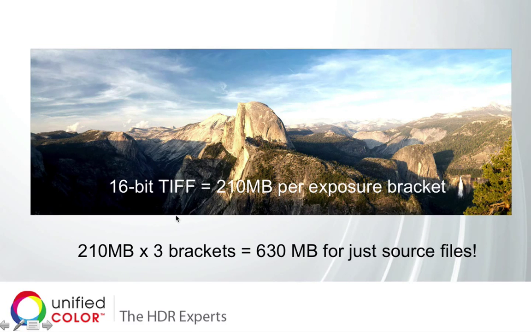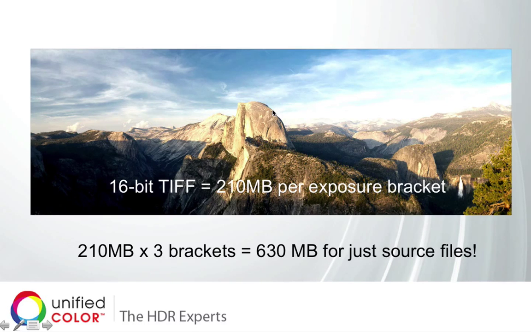In this example, I'm showing the case with 3 brackets, a +2, 0, and a -2 exposure, so the source files alone are 360 megabytes, and that's before you start loading them in and doing the merge process. These files tend to be very large, and it slows down your computer and really drags everything down to a crawl.